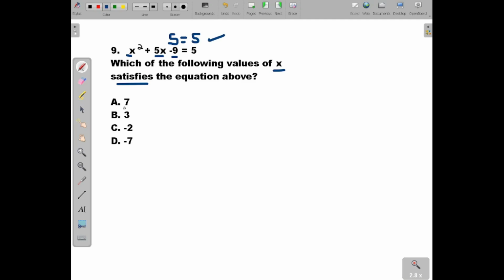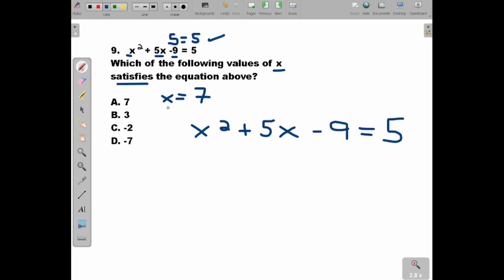We can try these values for x. If x is equal to 7, 7 times 7 is 49, plus 5 times 7 is 35, minus 9 is equal to 5?